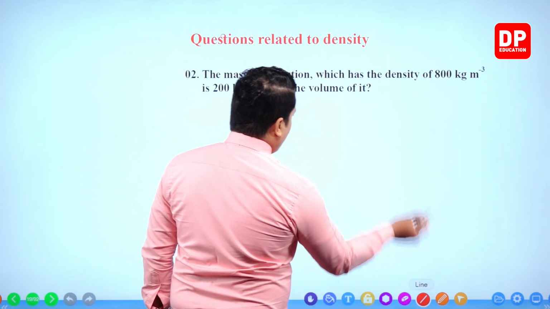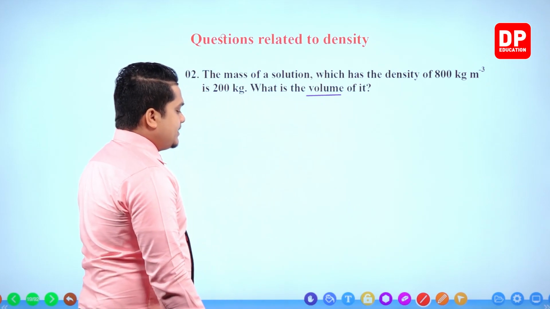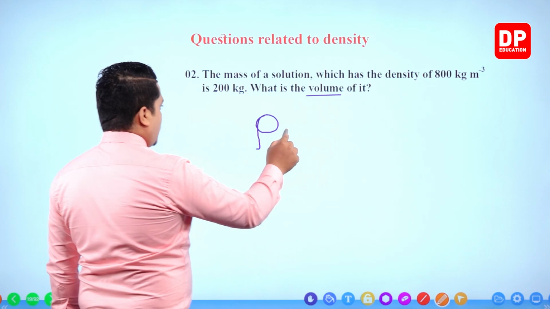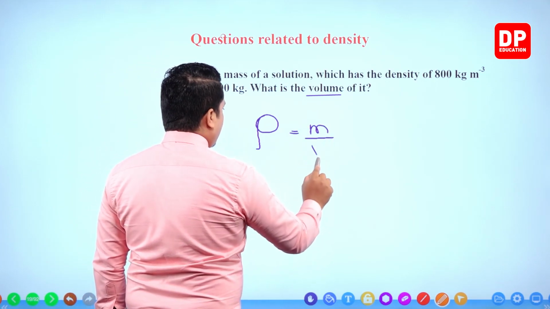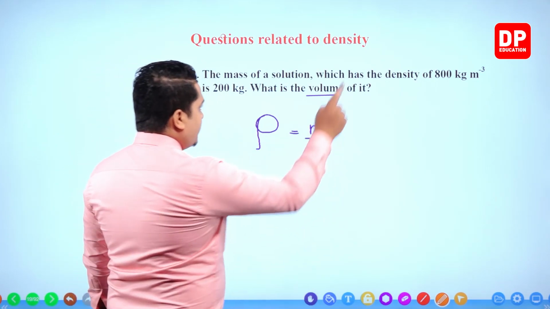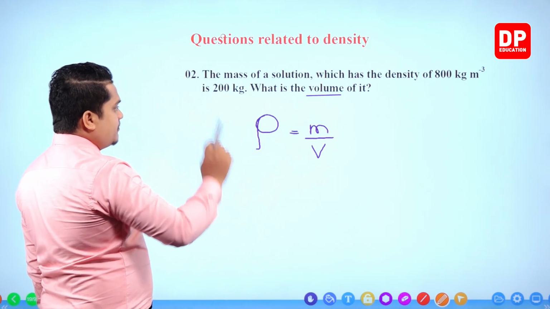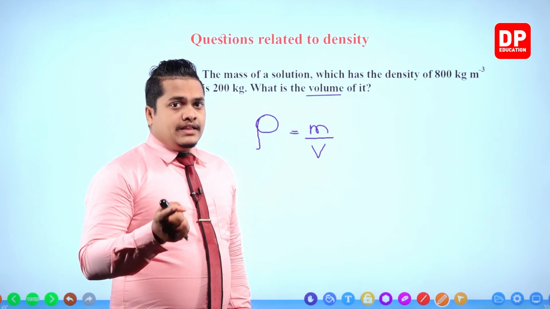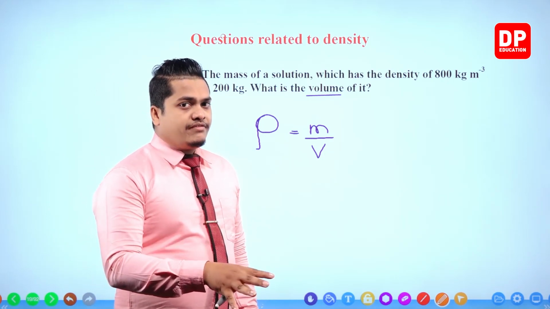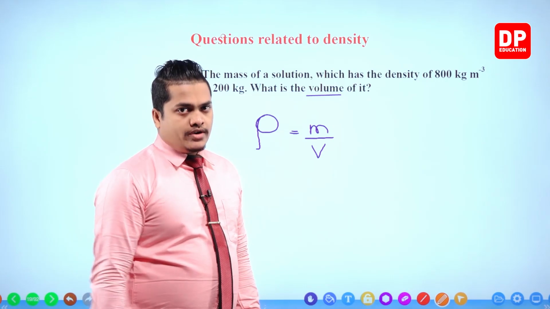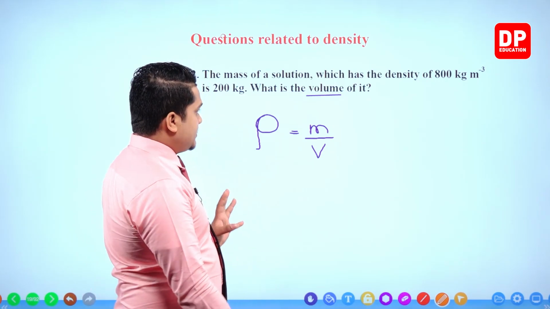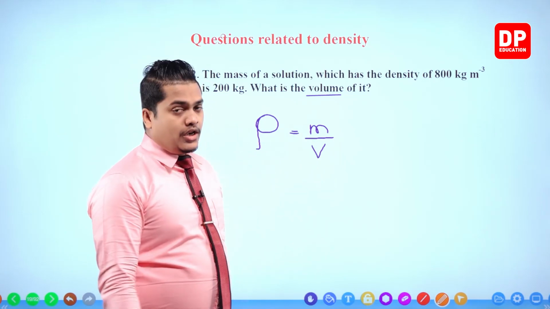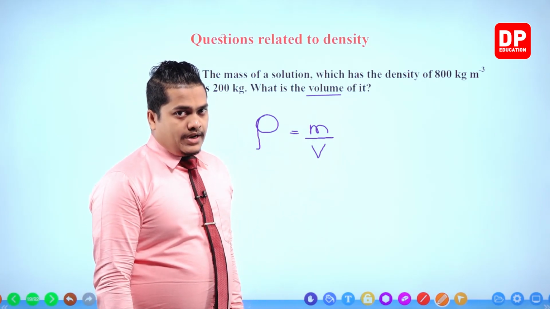In that case, you substitute into the formula rho equals m over v, then substitute the given values for each of these quantities. By isolating the term, you can find the missing one. Here the missing one is volume.